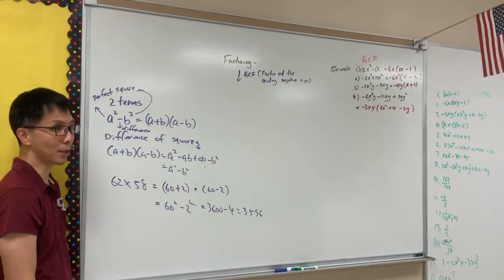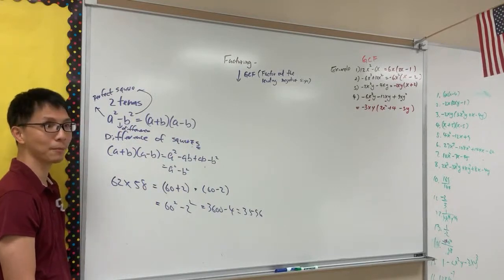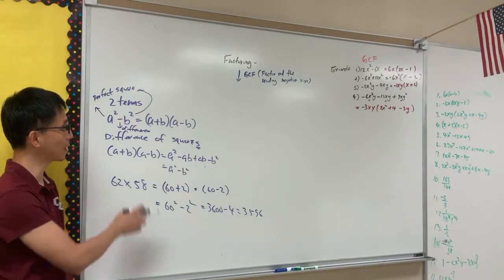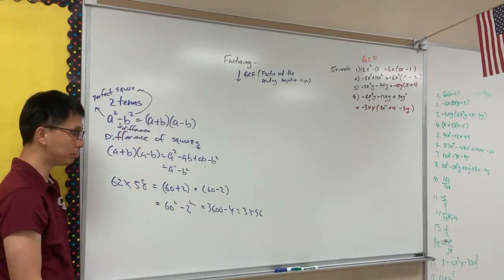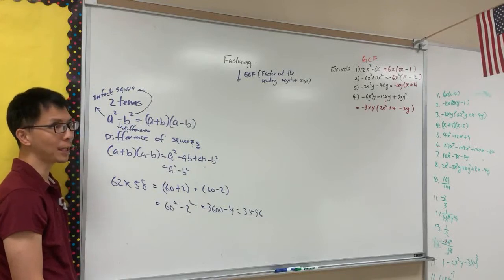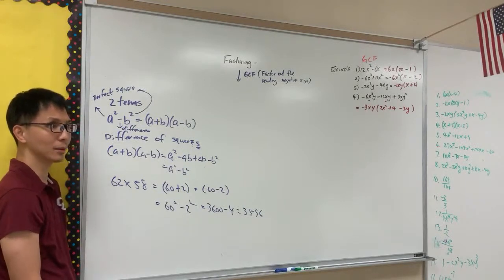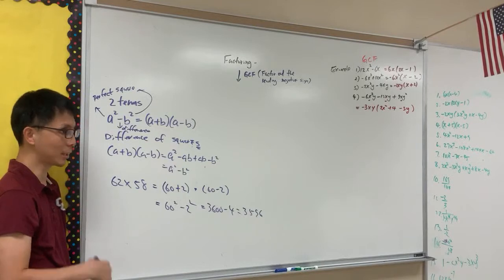If you don't believe me, you can work it out and see if you get 3596. That's a very interesting fact because we're using the difference of squares. A lot of you don't know about this, but that's how people do speed math.